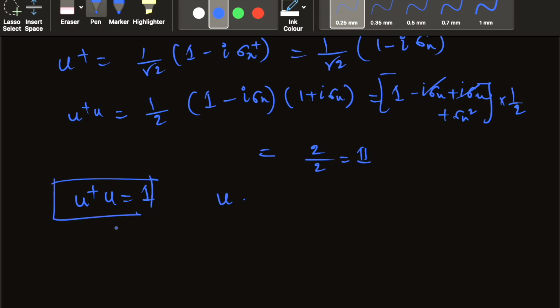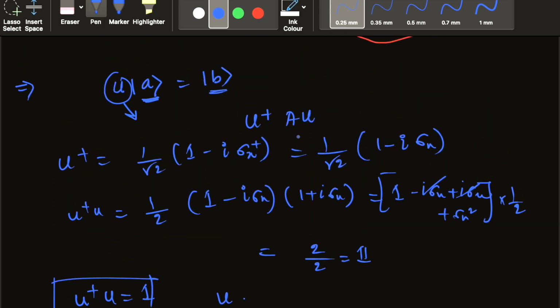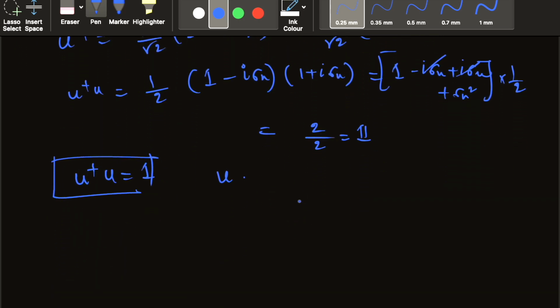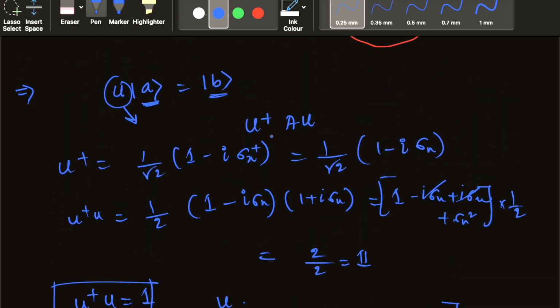So now let us check what is the form of sigma z. Sigma z in the z basis will look like 1 0 0 minus 1. Now let us check what is its form in this basis.